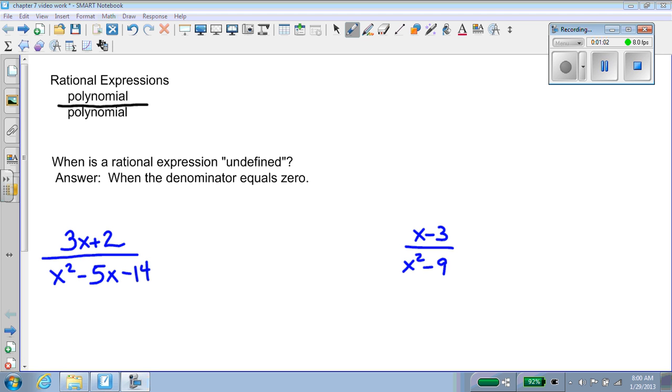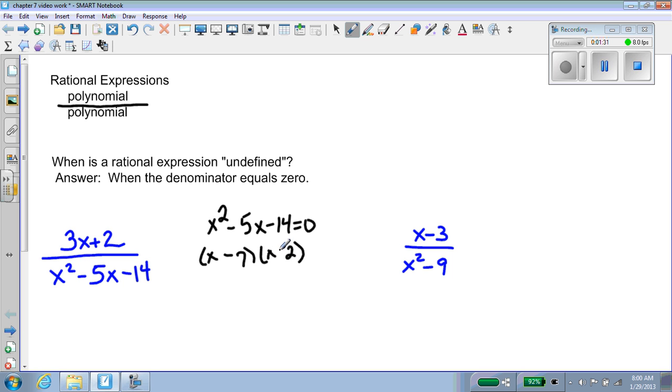And the question is, when are they undefined? Okay, so let's tackle this. When would this denominator equal 0? Well, we could move it over here and say, when would x squared minus 5x minus 14 equal 0? And suddenly we have a problem from the last chapter. I could factor this, x minus 7 and x plus 2.